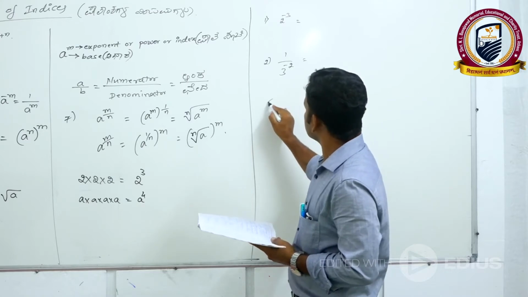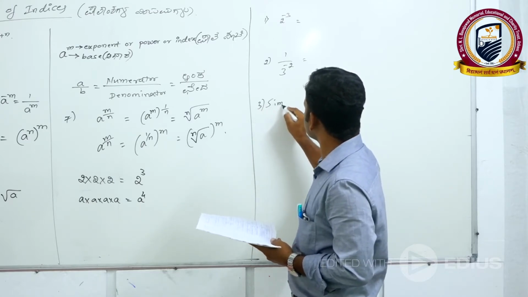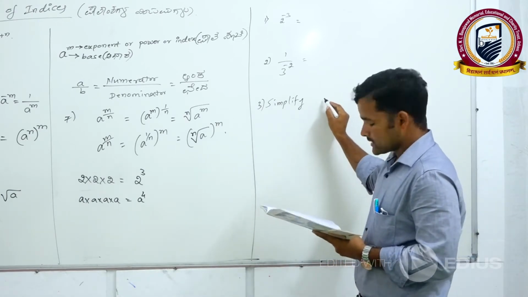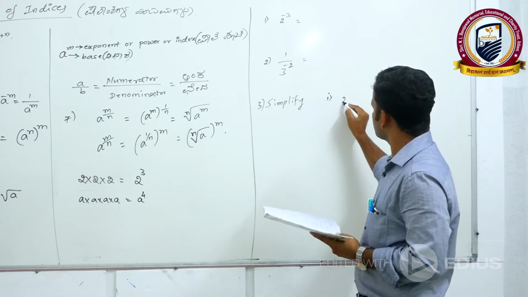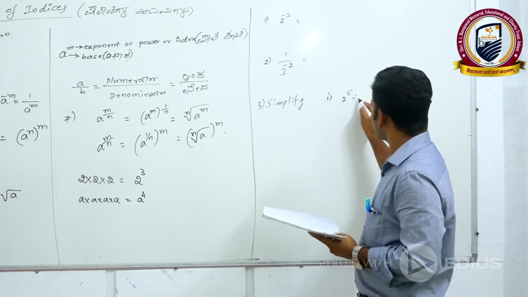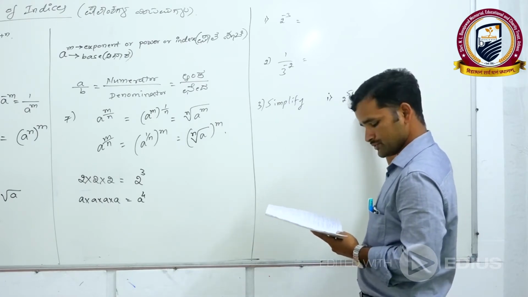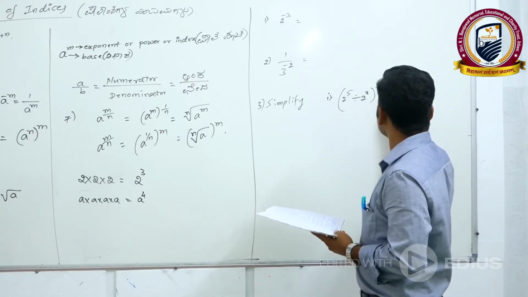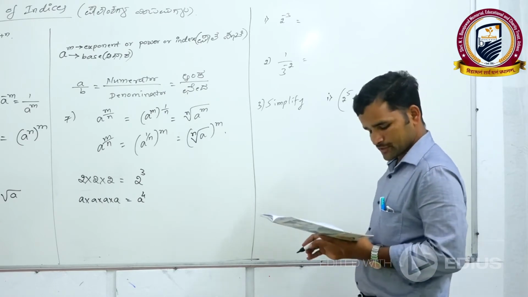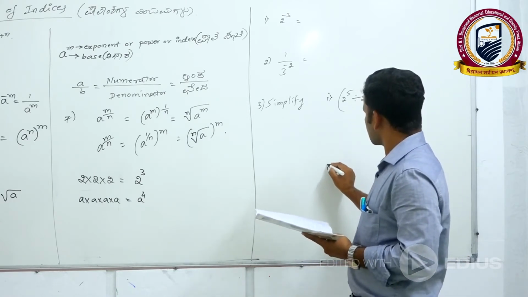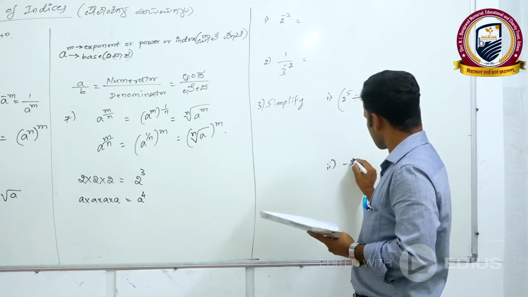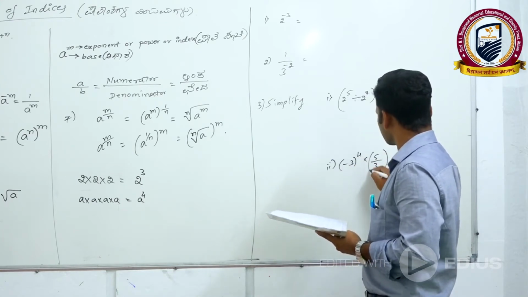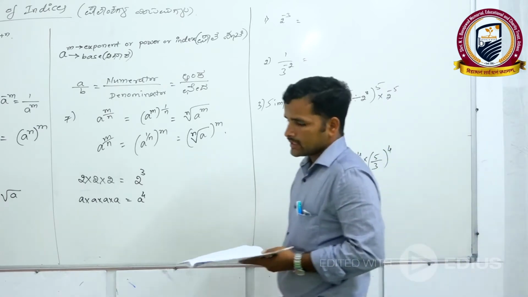Next, simplify. First one, 2 raised to 5 divided by 2 raised to 8 whole raised to 5, multiplied with 2 raised to minus 5. Let me take another one, that is minus 3 raised to 4 multiplied with 5 by 3 to the power of 4. We will solve all these.